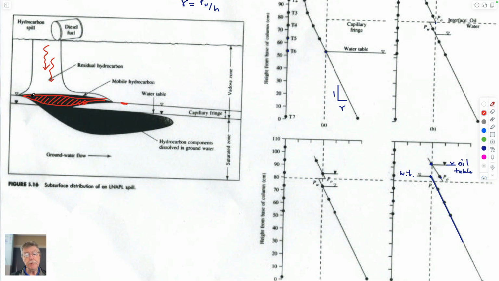And this might depress also the water table here below. And any fluid which flows past this is able to pick up something from here and carry it down as a dissolved plume downstream, which is the mechanics of what's going on.